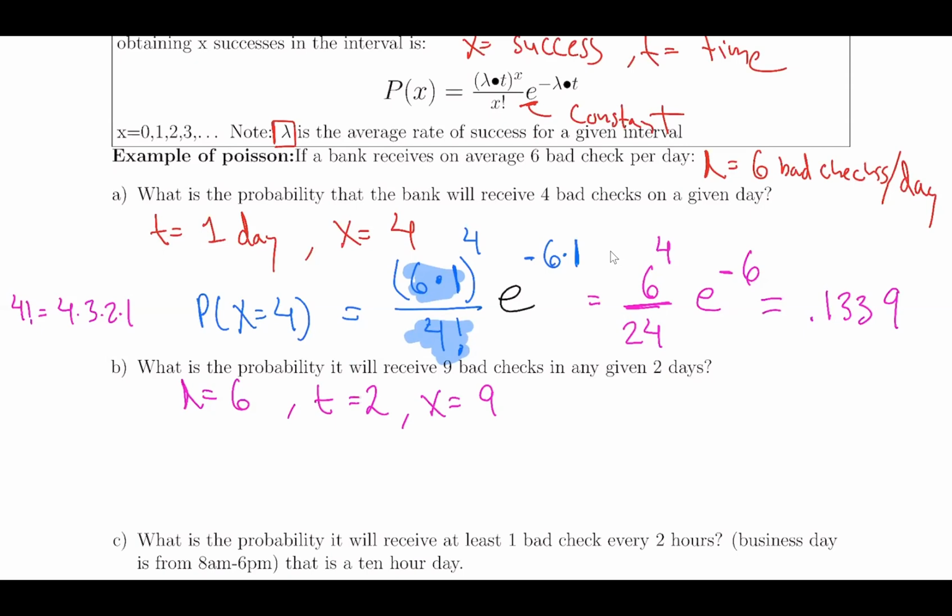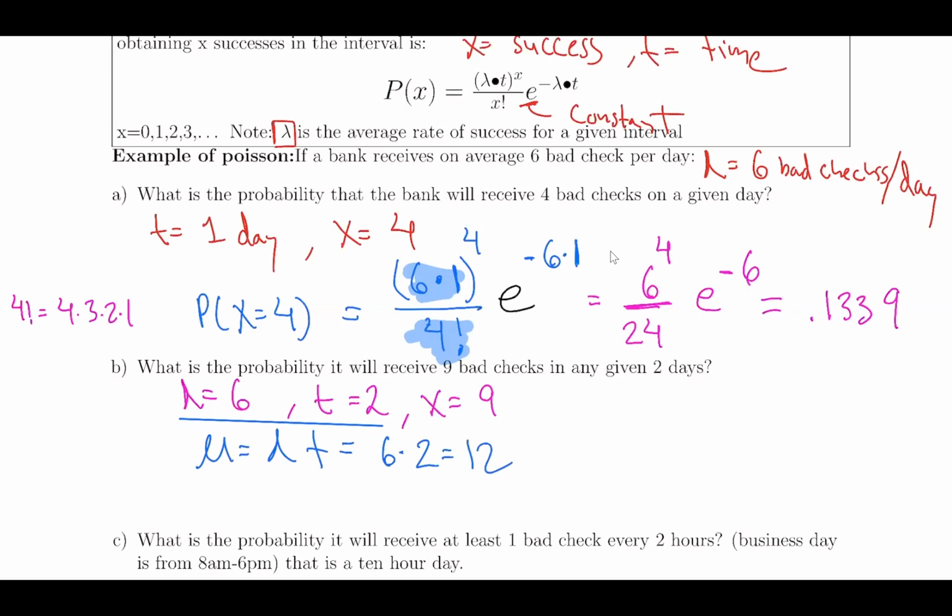Let's go ahead and find this. For this one, you want to be careful because you want to use these two to get mu. Mu is equal to lambda times t, so this is 6 times 2, which is equal to 12.